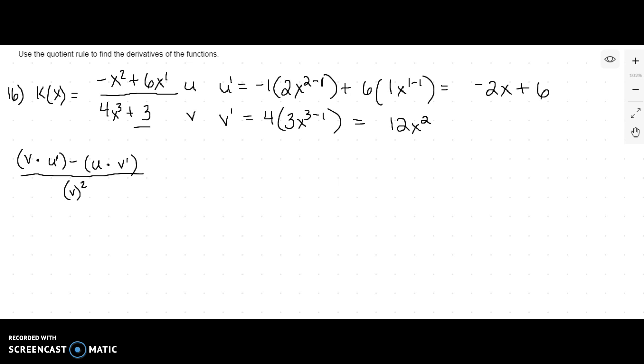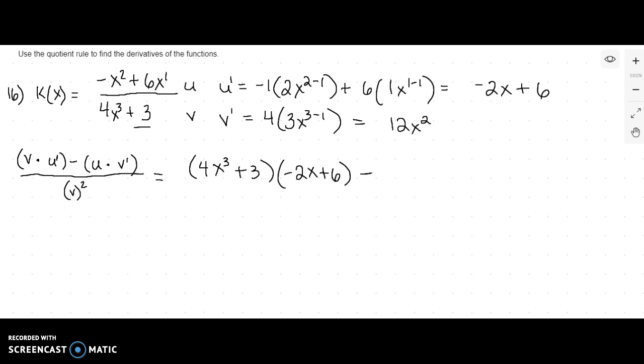Alright, so now let's plug in our values here into our quotient rule. So v was 4x cubed plus 3. And we're going to multiply that by the derivative of u, which was negative 2x plus 6.